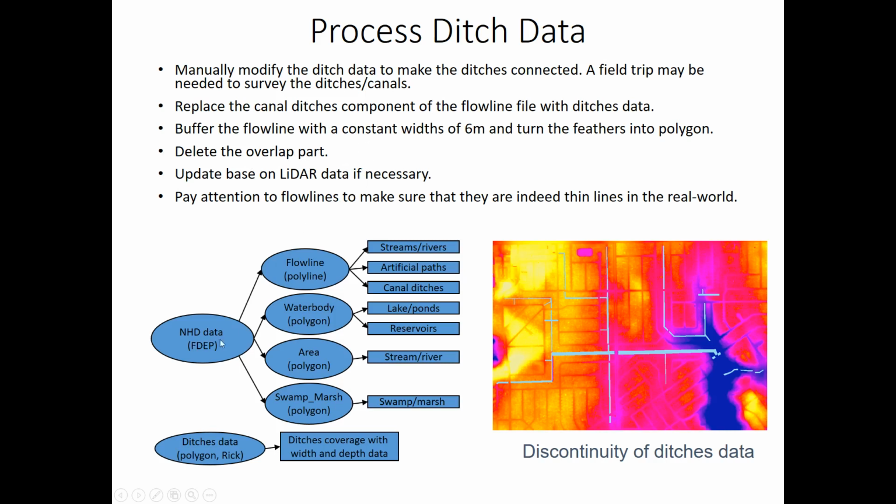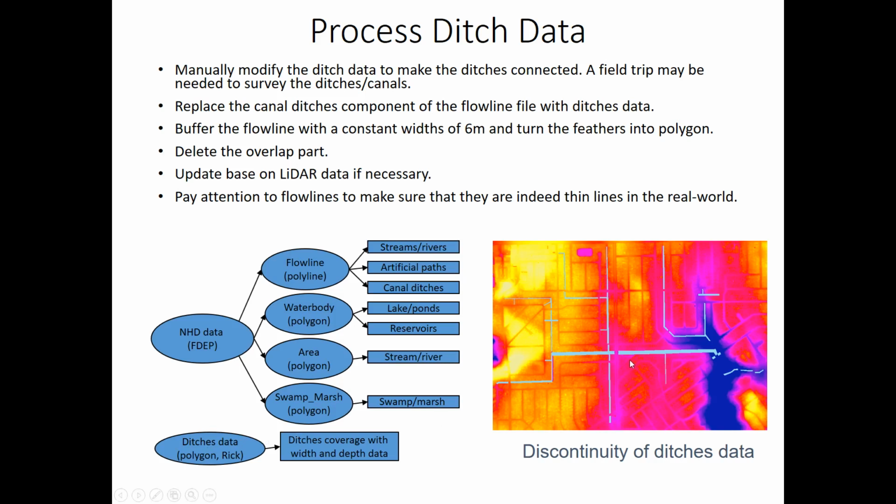So here in the NHD data, we have a flow line. This is always a problem, because a polyline doesn't have any width. A polygon normally is okay, an area is okay, and swamp and marsh, those are polygons, and those are considered as water body because the water flow line or groundwater flow paths are going to terminate at the swamp area, so that if you miss this part, you're going to have different load estimates, and you need to add ditch data into your study.